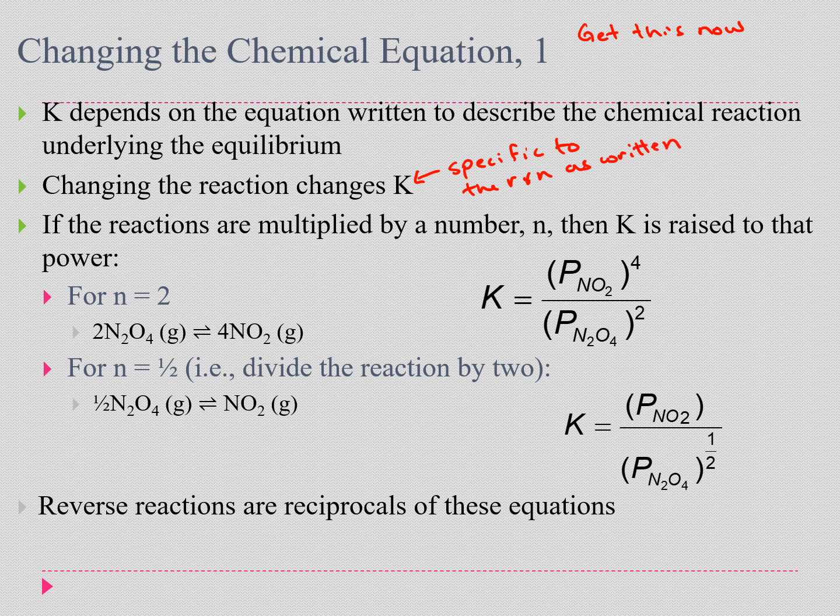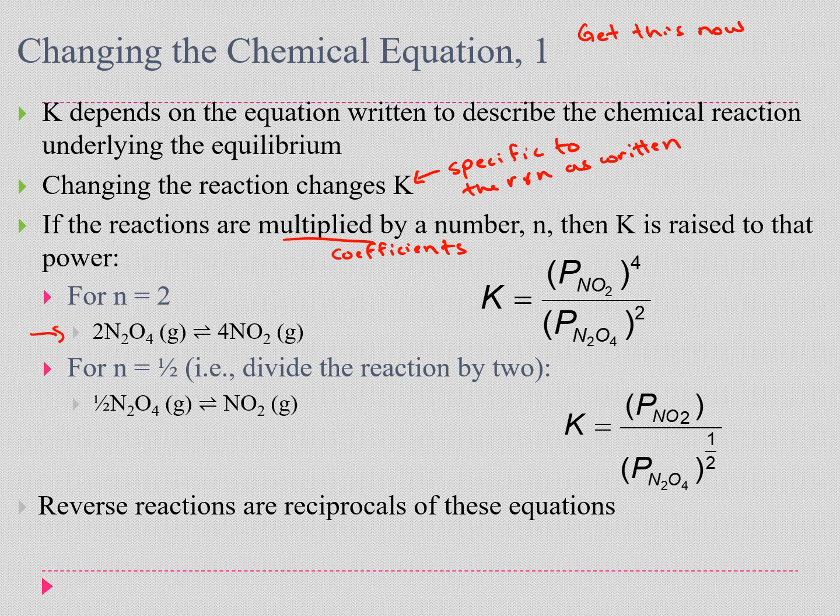Let's say that we took a reaction and multiplied through all of the coefficients by some number. Our K is going to be raised to that power. So in this case I have my N2O4 and my NO2.